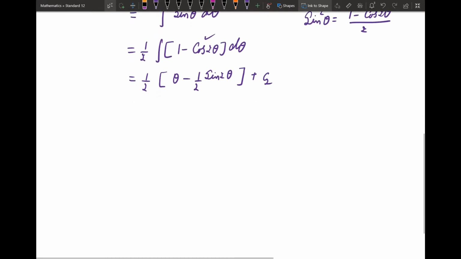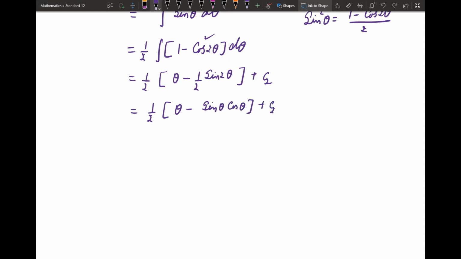Now this is in terms of theta, but our original variable is x, so now we have to convert in terms of x. So this is 1/2 theta plus sin theta into cos theta plus c2, using the formula sin 2 theta equals 2 sin theta cos theta.